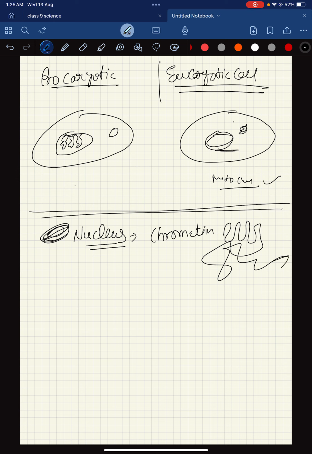protein. Example, that is histone protein, and chromatin is wrapped around this and makes a chromosome. That chromosome is also only at the time of cell division. After that it is in chromatin shape, thread-like structure.